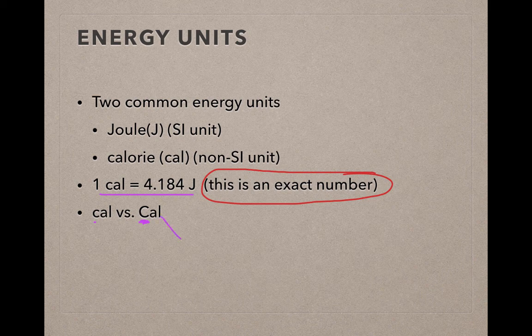The uppercase one is actually a kilocalorie, so it's 1,000 of our little calories, and this is also called a food calorie. Anytime that we look up the calories in our food items, they are actually reporting those larger calories, the kcals. So it's always important to keep those straight. In this class, we will always use these calories with the little c.